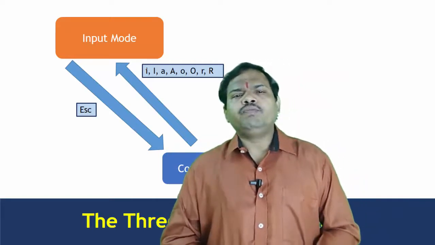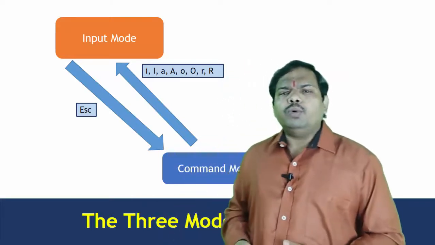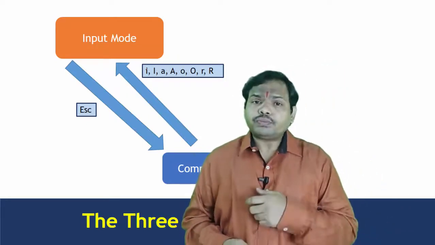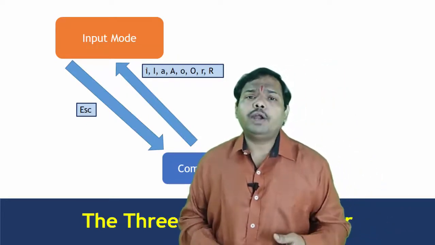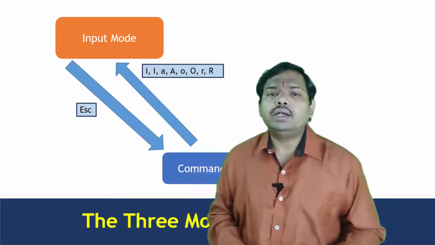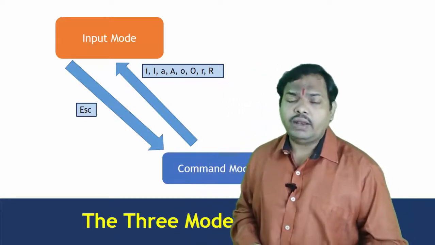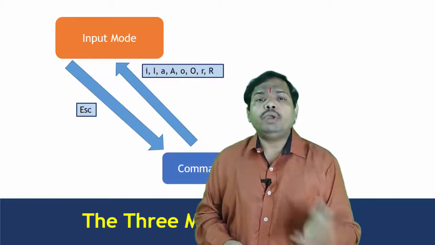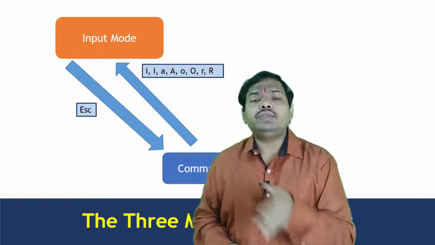Once you enter the data into your file, you need to save your file. From the command mode you can execute the commands that will allow you to save your file, quit from the VI editor, copy a file, or save a file with some other name.